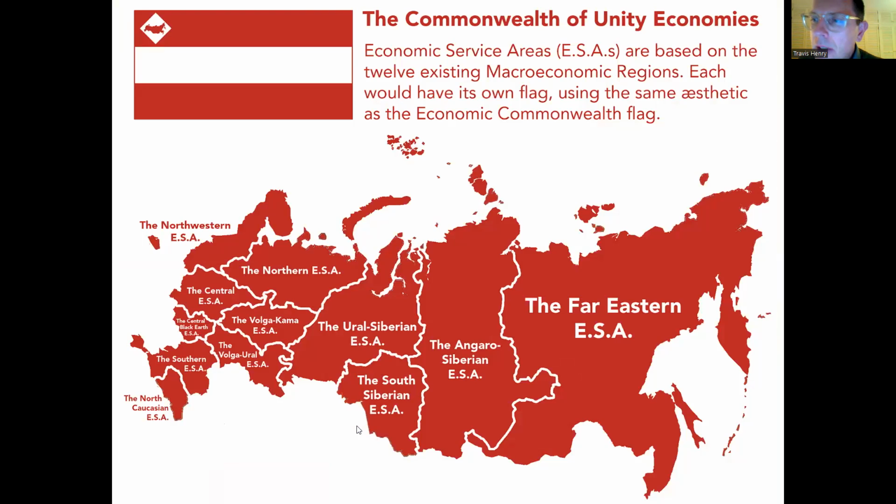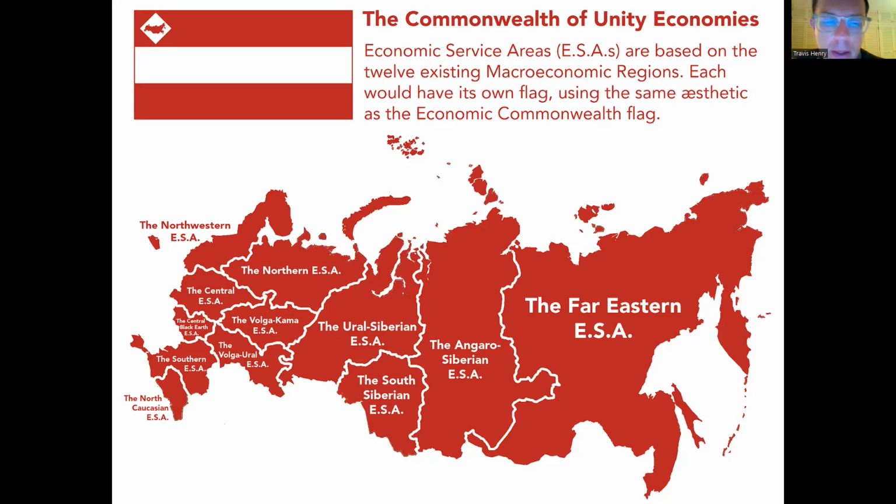So in the previous videos, we showed the rights service areas, which are the continuation of what are now the federal subjects of Russia. We also showed the cultural service areas, which are the cultural equivalent, whose boundaries would be based on the watersheds.